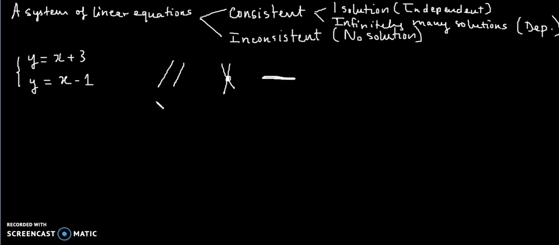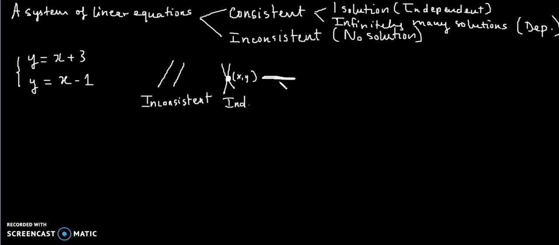So parallel lines will have no solution. This one would be called inconsistent. For this one, the two lines intersect or cut each other at exactly one point, so exactly one solution. In this case, we would call it independent.